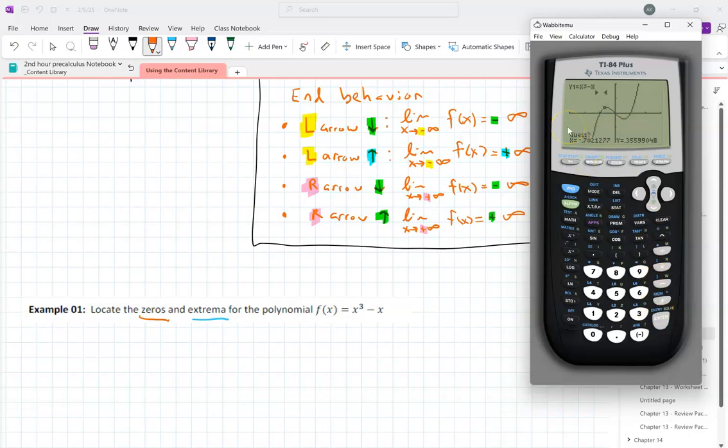It asks for a guess. The guess doesn't matter as long as there's only one 0 in between your left bound and right bound. So I just always press enter again. So my first 0 is -1, 0. That's what the calculator output for me. See how it says 0? And it tells me the point. Everybody's good? Try to do the next 2 on your own.